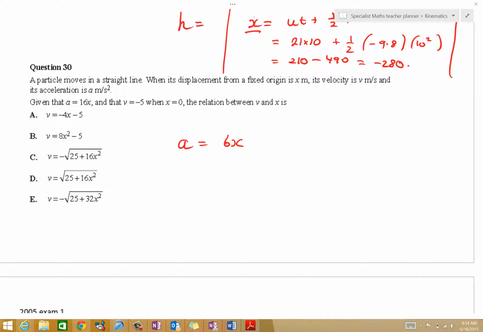Now, I need you to remember your formulas. What are your formulas? Is a dv dx? A is equal to v dv dx.